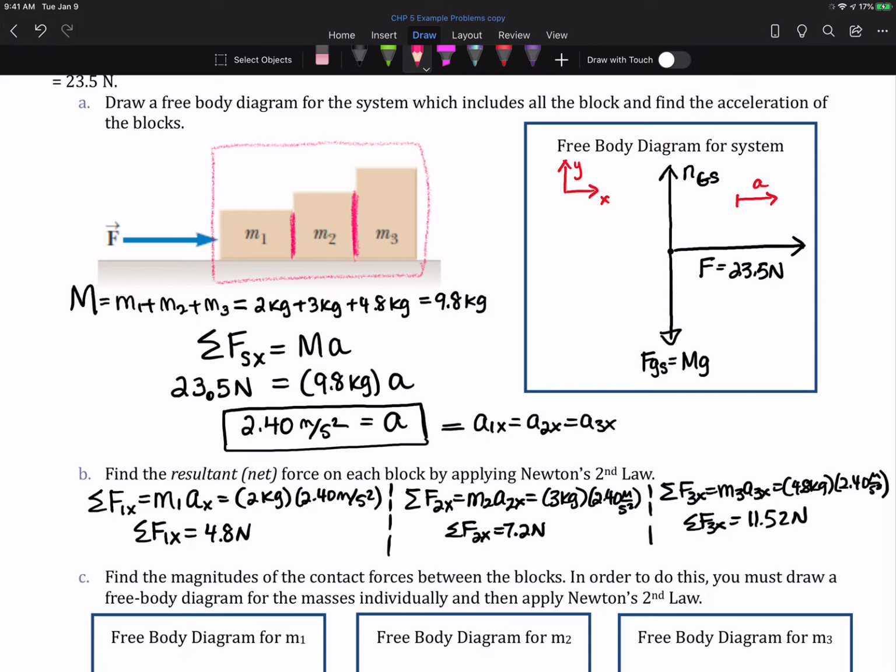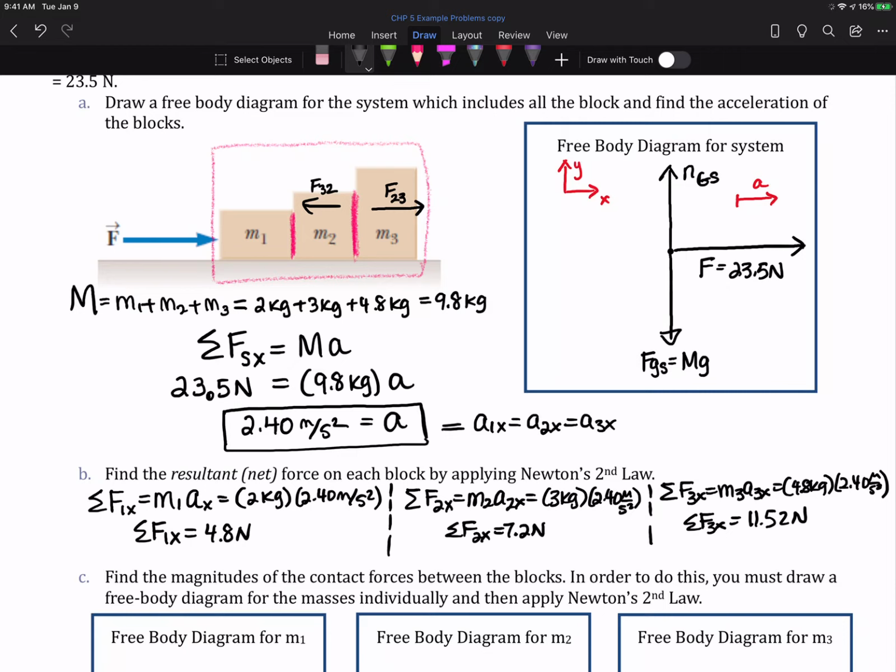And because there's physical contact, those objects exert a force on one another. So for example, mass 2 exerts a force on 3. There's a force from 2 on 3, which is acting to the right on 3. And in turn, 3 will push on 2, so there'll be a force of 3 on 2.